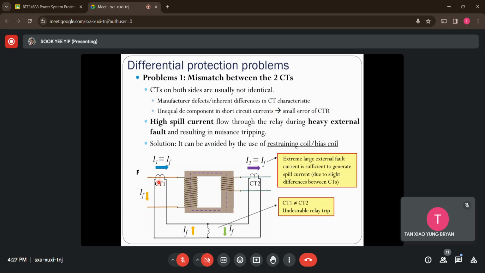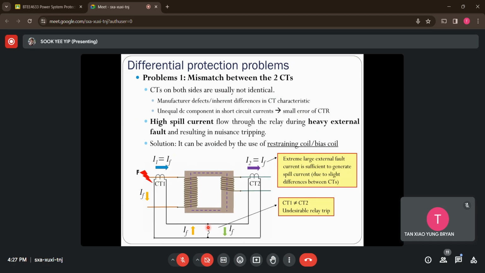So if the current transformer ratio has changed, it might actually affect the current flowing through here in the event I have a heavy external fault. The high-speed current, meaning the resultant current flowing through the relay operating coil in the event of a heavy external fault, is not equivalent to zero.